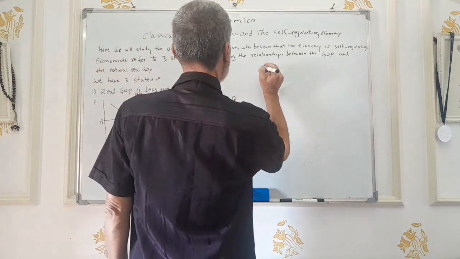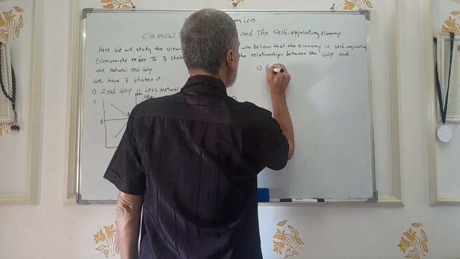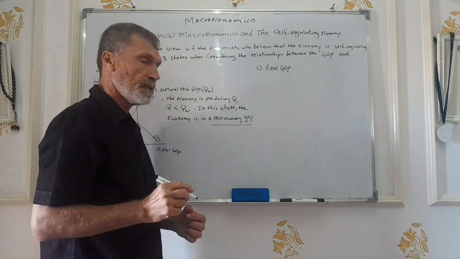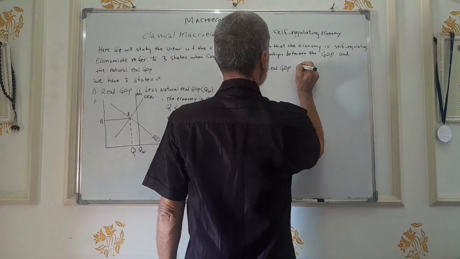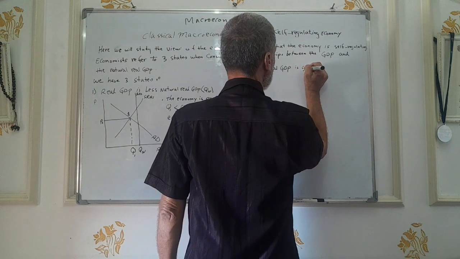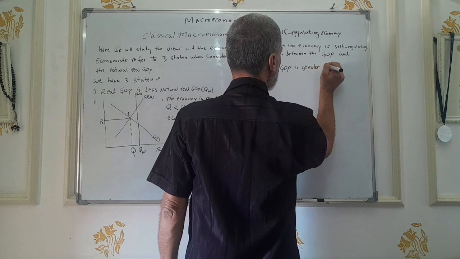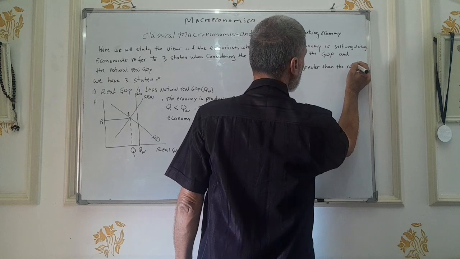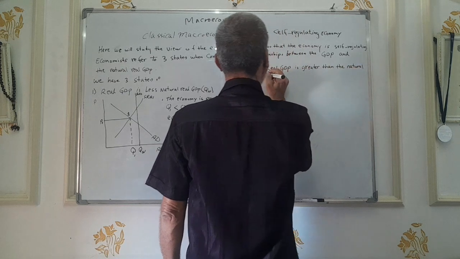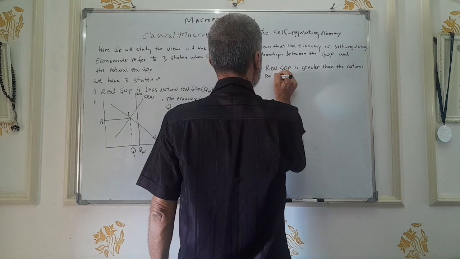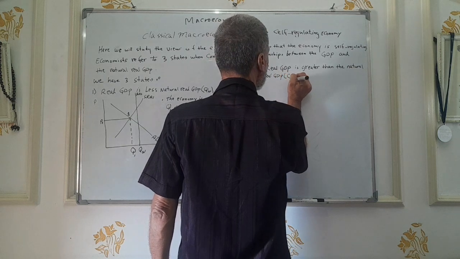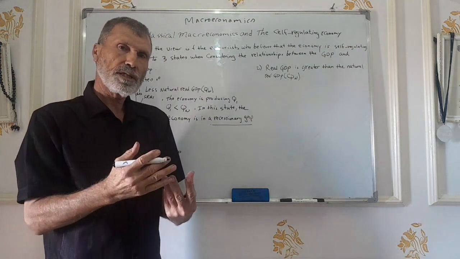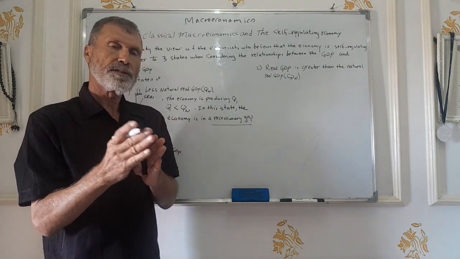In the second state, the real GDP that the economy produces in the short run is greater than the natural real GDP, Qn. When the real GDP that the economy is producing in the short run is greater than the natural GDP.